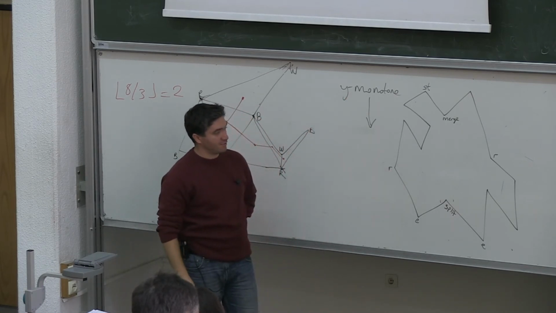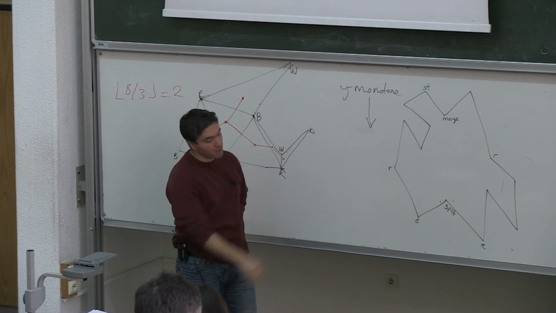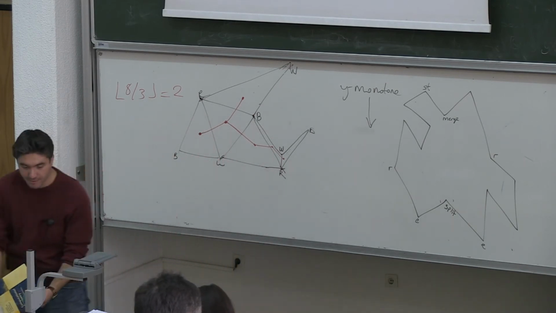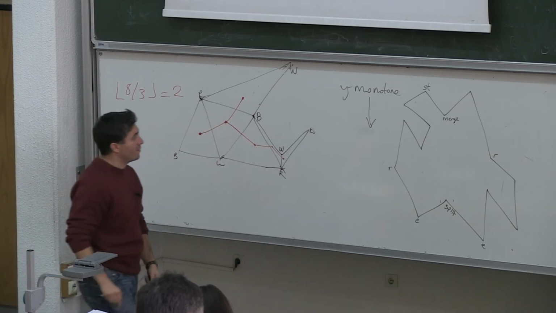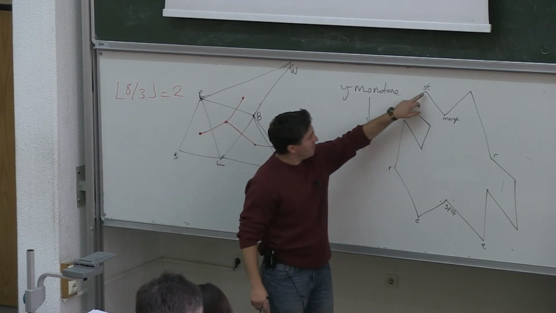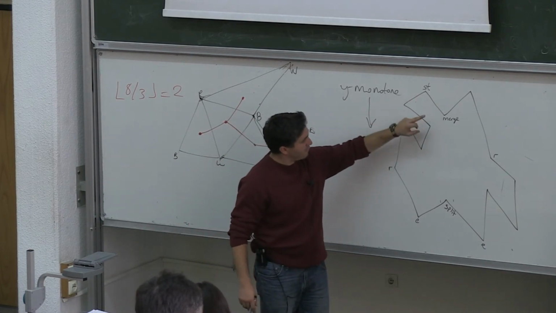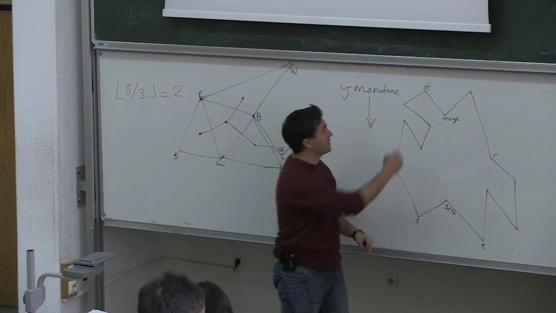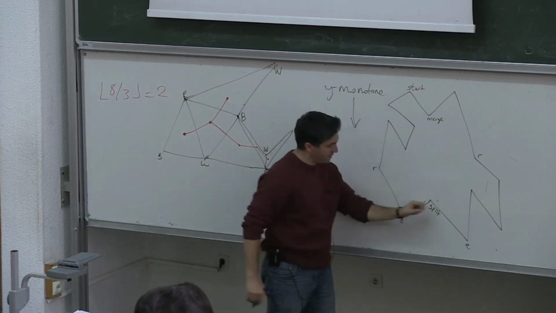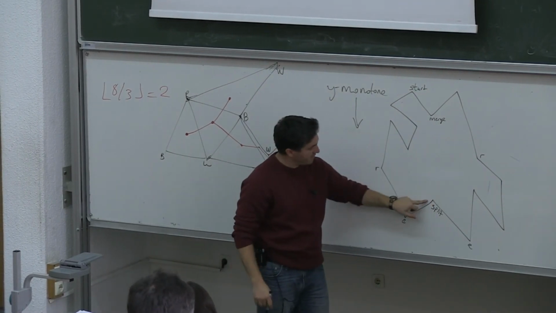So we are going to use a plane sweep algorithm to merge this polygon into monotone pieces. If both of the neighbors are below the vertex, it's either a start vertex or a split vertex, based on the inner angle.